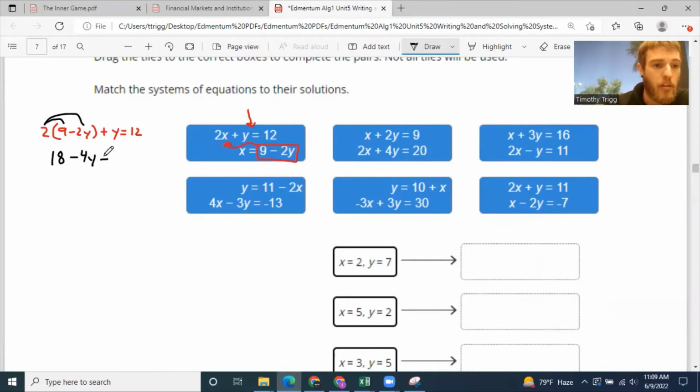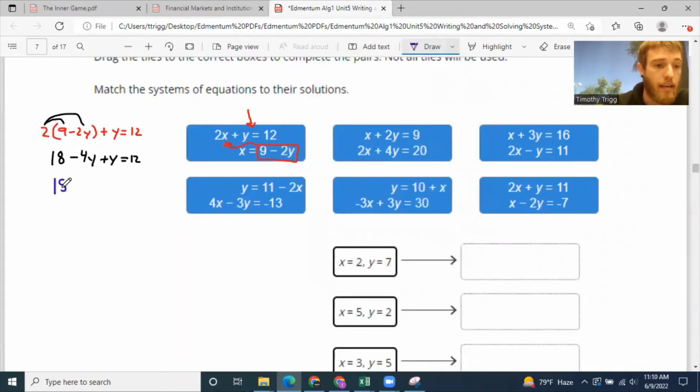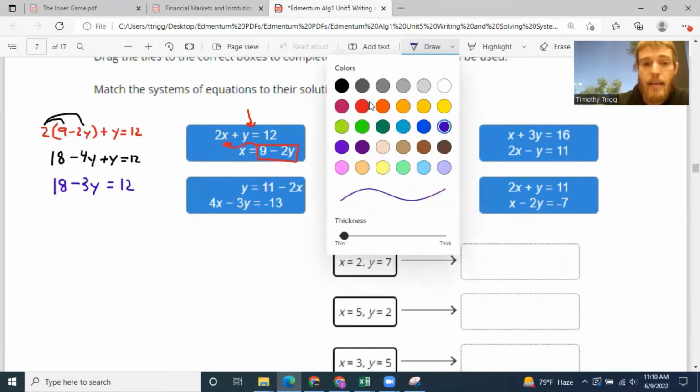We also have a plus y here, equals 12. What can we combine there on the left? We can combine this negative 4y and this positive y. The positive y is like positive 1y. So that gives us 18 minus 3y equals 12. Go ahead and subtract 18 on both sides of the equation.